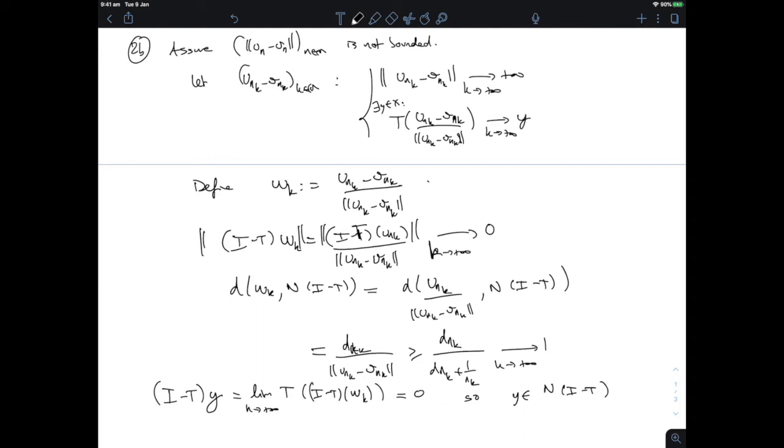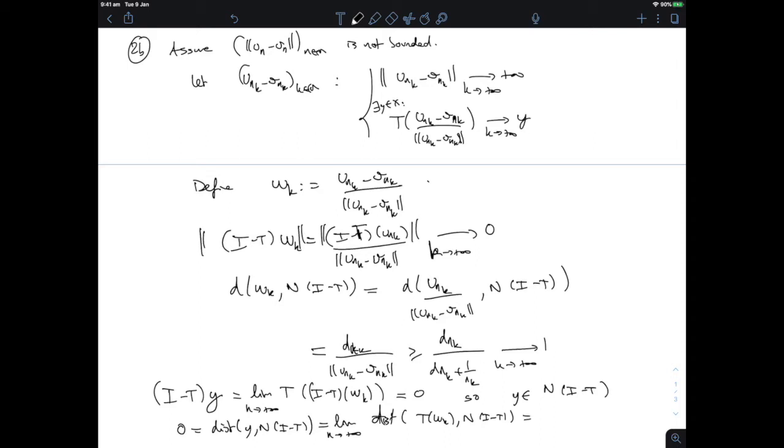Now that seems implausible, because then that means that 0 is the distance between y and the null space, and that distance is also the limit of the distance between Tw_k and the null space as k goes to infinity.